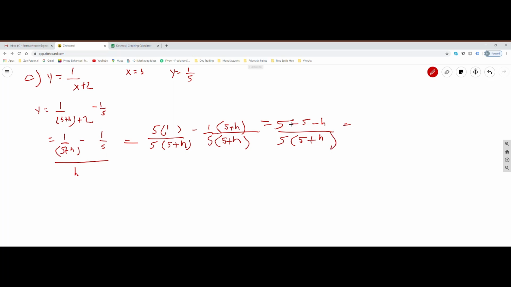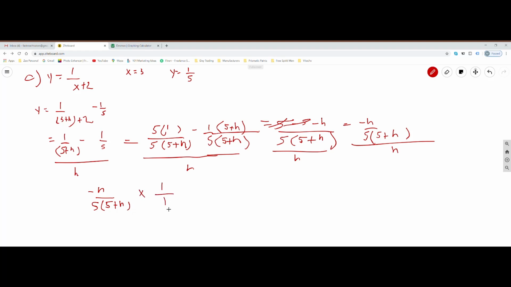So these cancel, left with negative h over 5 plus h over h. So all of these are over h. So negative h, 5 plus h times 1 over h.